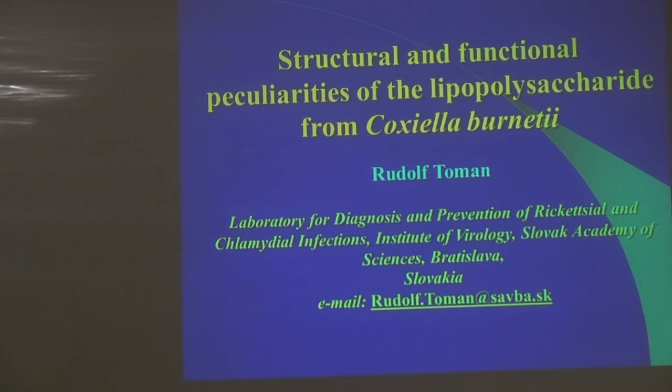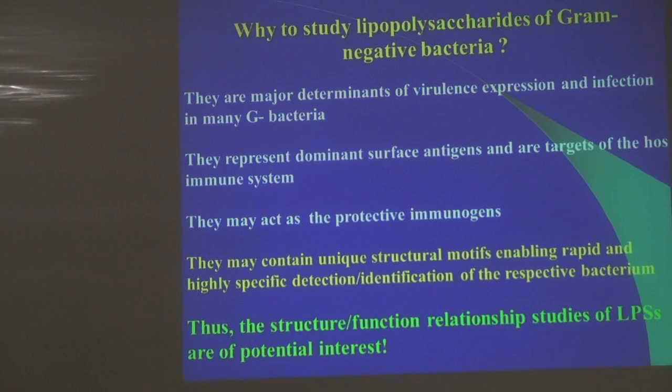So today I'm going to talk about the structural and functional peculiarities of the lipopolysaccharide of Coxiella burnetii. First I would like to tell you why to study lipopolysaccharides of gram-negative bacteria. The first reason is that these LPS are the major determinants of virulence expression and infection of many gram-negative bacteria.